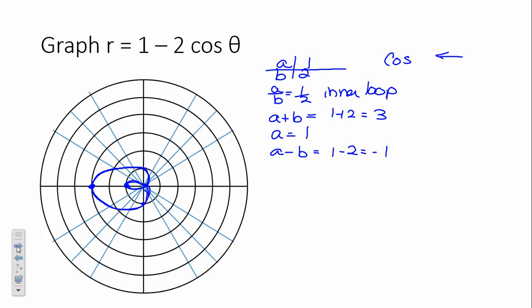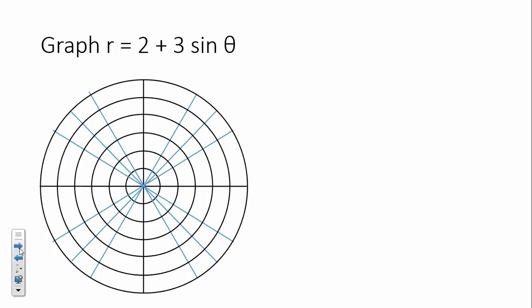All right, here comes the next one. r equals 2 plus 3 sine theta. We have a sine, so we know it's going which way? From the pole, up and down. It's positive sine, so we know it's going up.